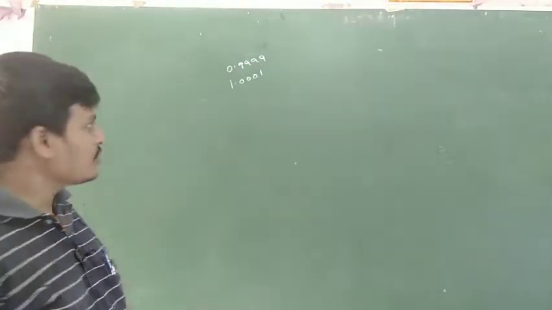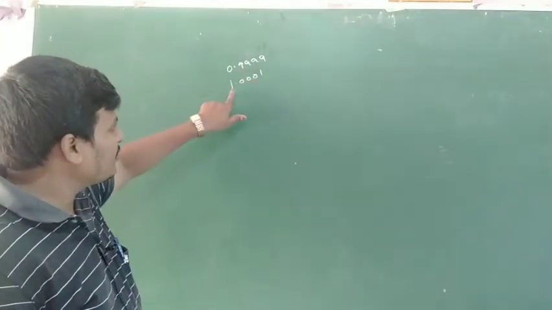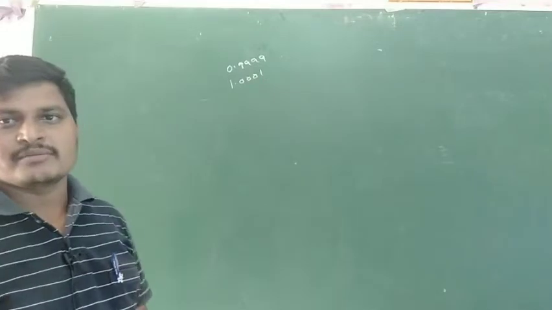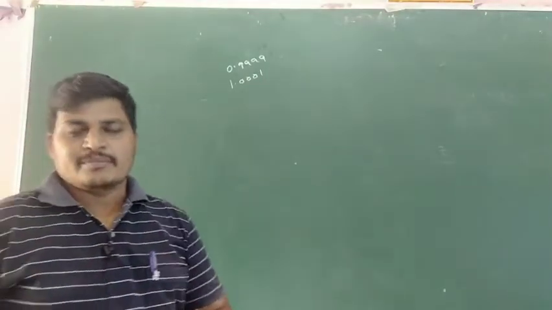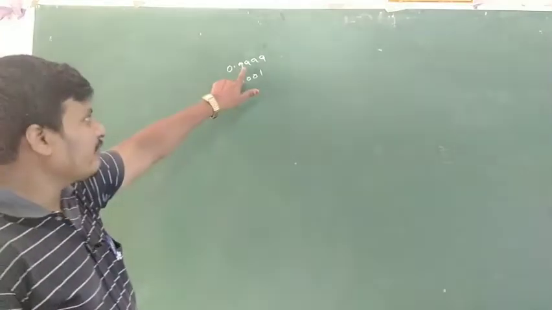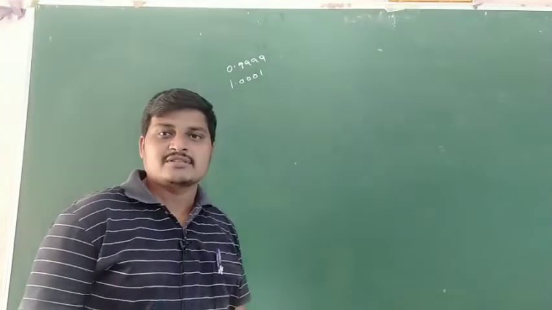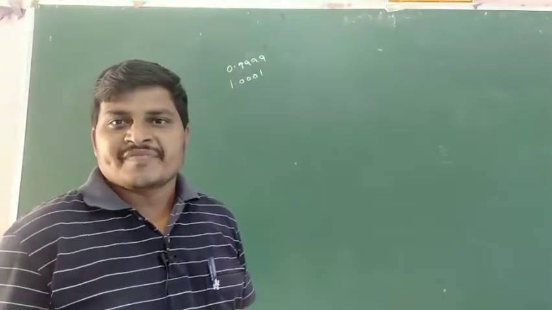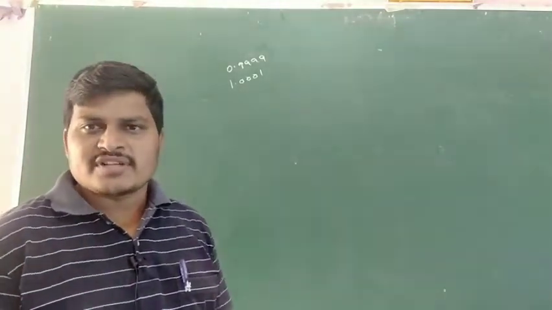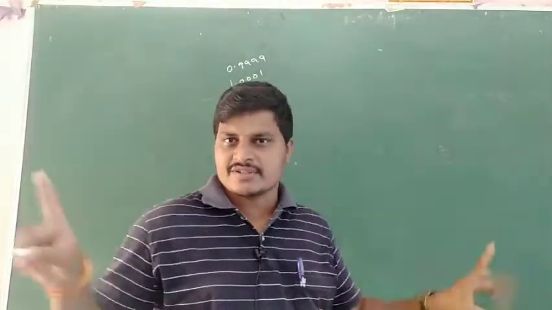So there is practically no difference between 0.999 and 1.001. Both are the same, though there is a small difference below and above. But on substitution, whether x tends to a minus or x tends to a plus, the x values in the function are both the same. a minus means a plus also a, no difference.